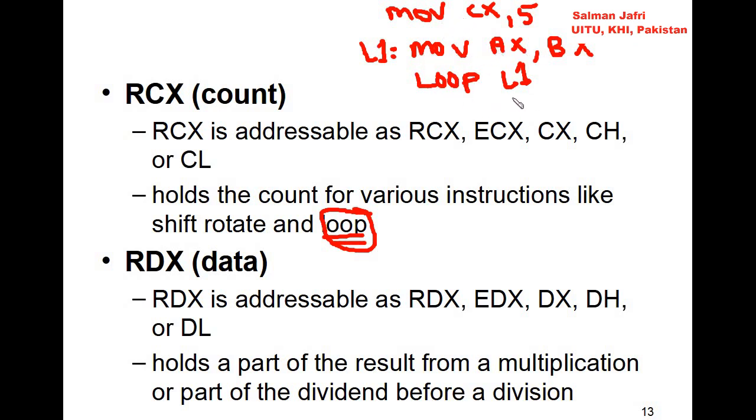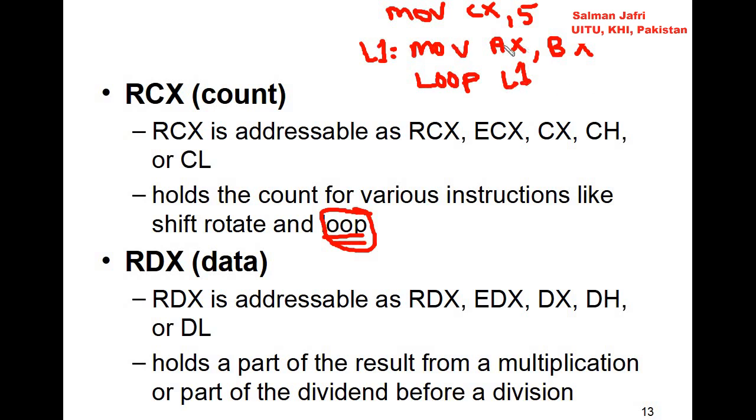When the loop instruction is encountered, CX is decremented by 1. So CX becomes 4, and it is compared to 0. Since 4 is not equal to 0, we move to this loop. Again we execute the body of the loop. This is the body of the loop. And then again CX is decremented to 3. Again 3 is not 0, so we again move on to L1. CX becomes 2.